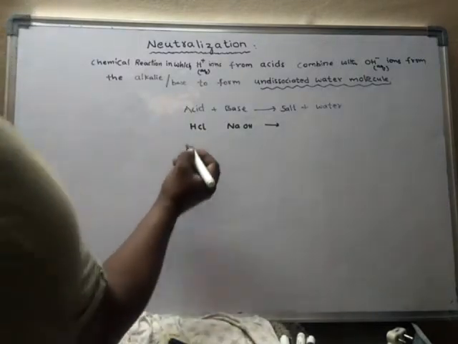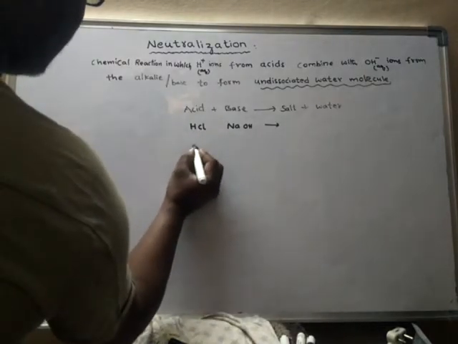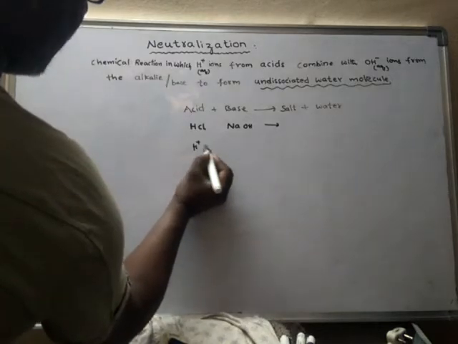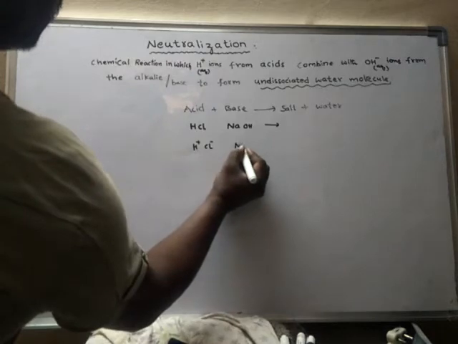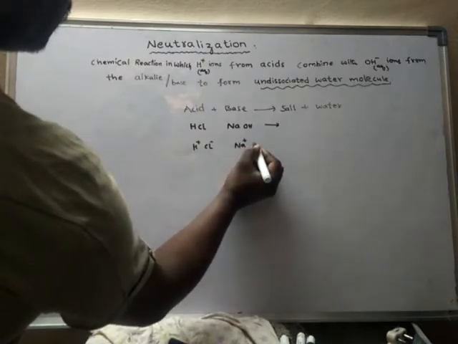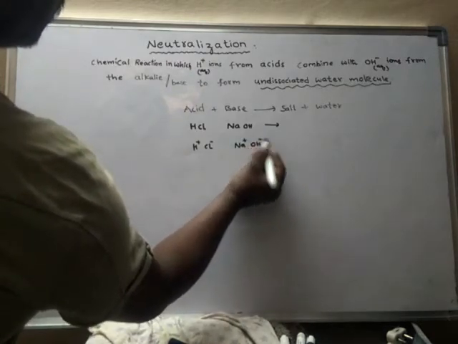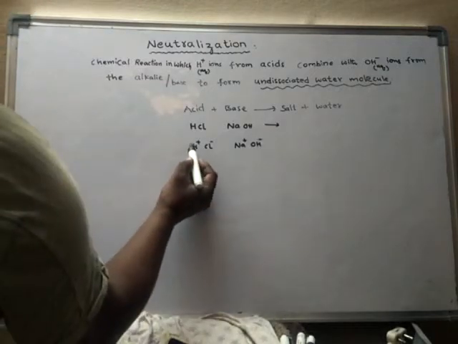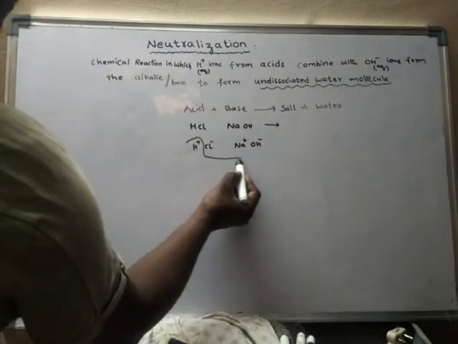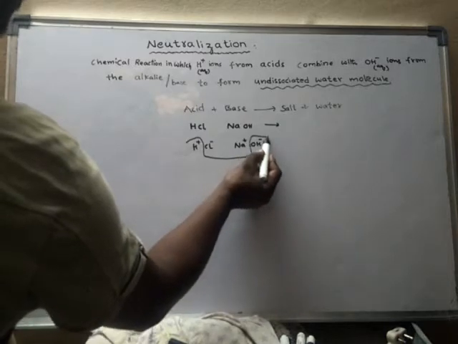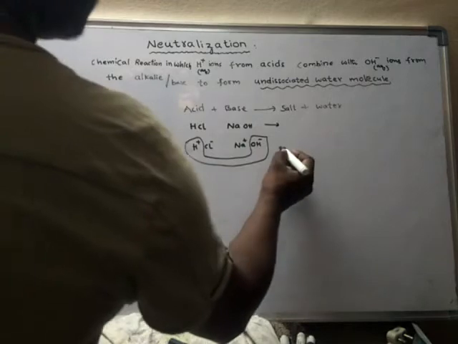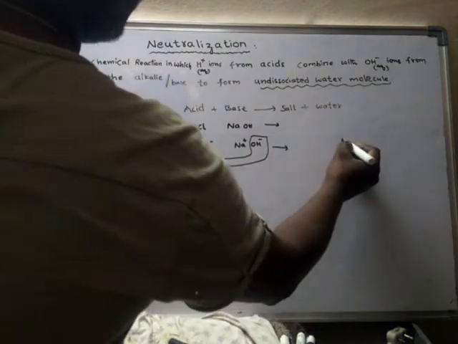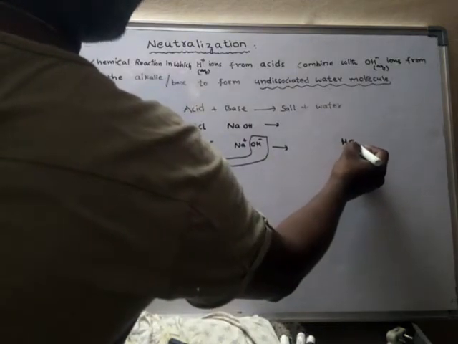The HCl acid will break down into ions, and the base will break down into ions. The H plus ions from the acid and the OH minus ions from the base combine to form water.